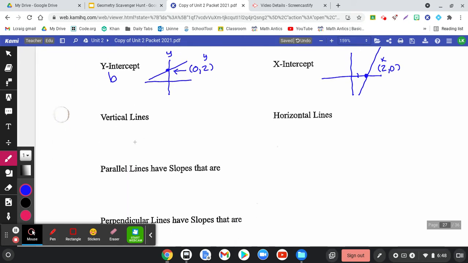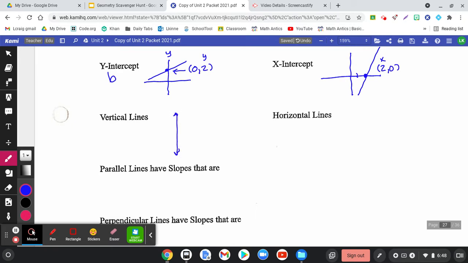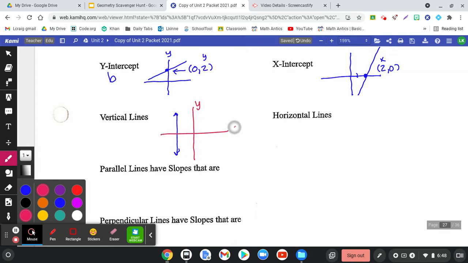All right, vertical lines are lines that run straight up and down. If we were looking at a grid, let's say we had our x and y axis here, it's only hitting the x-axis. It's not hitting the y-axis. So that's always going to be x equals some number, let's say -2 in this case.